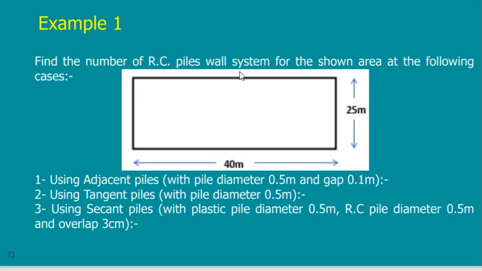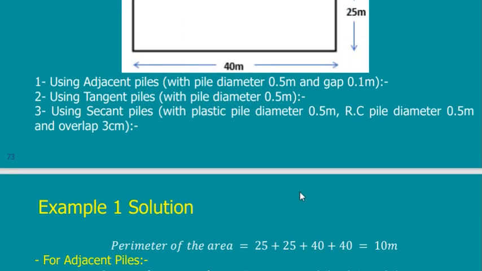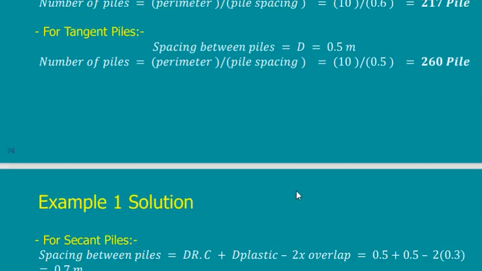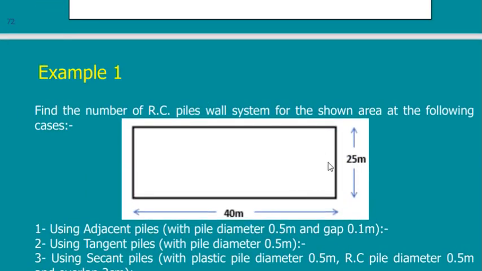There is here something just to know how we calculate this. An example: suppose you have an area 25 meters by 40 meters, and I need to calculate the number of RC piles that I will need to construct a system.